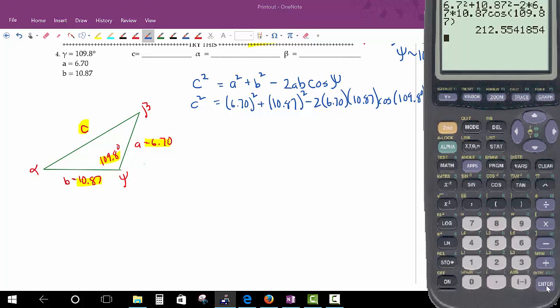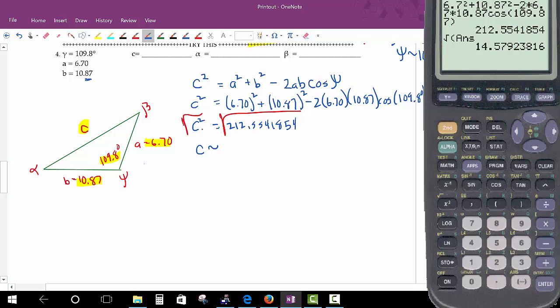All right, so I've got that, and I'm going to record this now as C squared equals 212.5541854. Then I'm going to take the square root of both sides and go to my calculator to get the approximate answer. Since this is stored in the memory key, I just take the square root of the answer, and round that off to two decimals, since B was in two decimals.